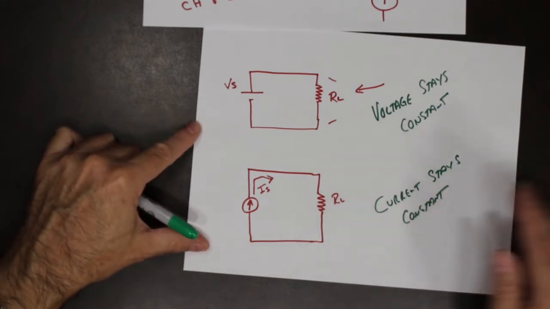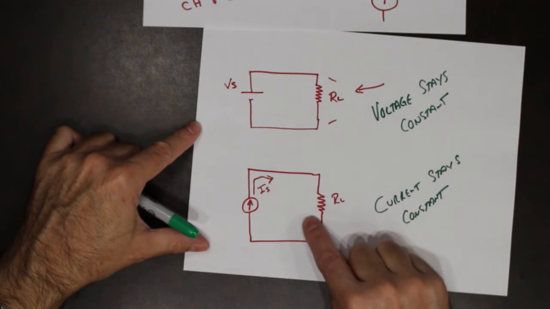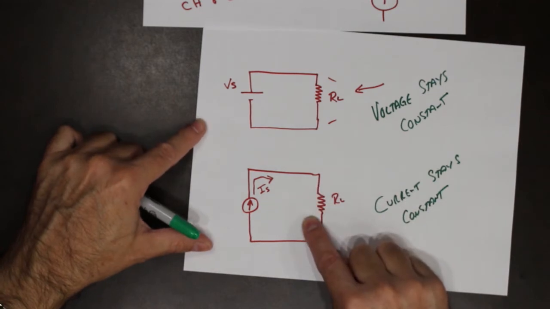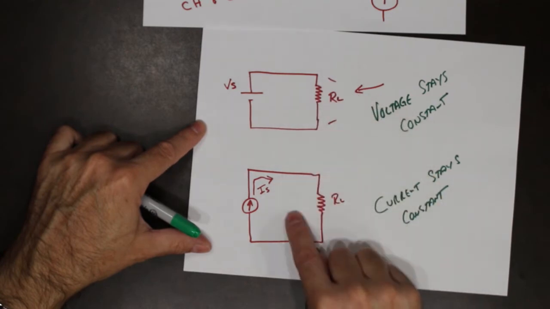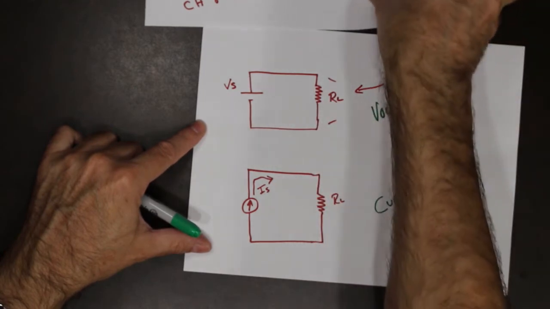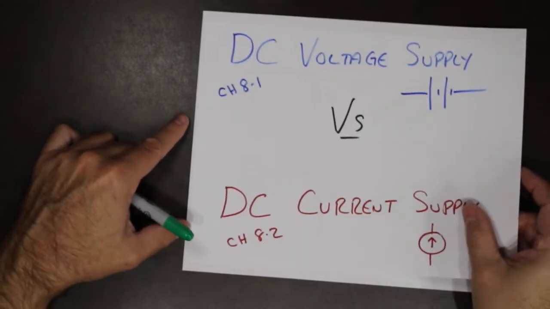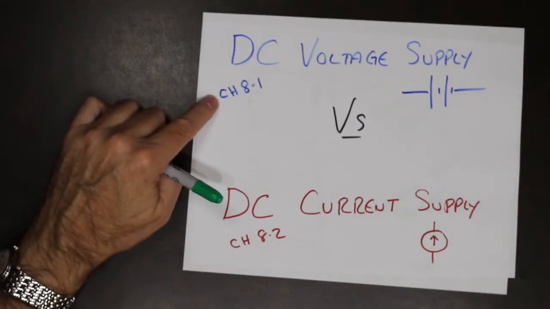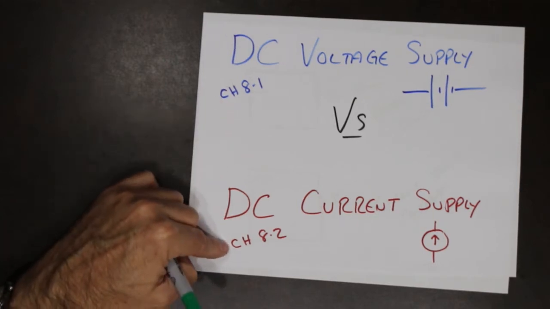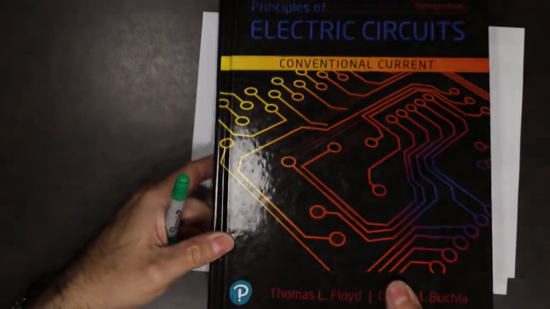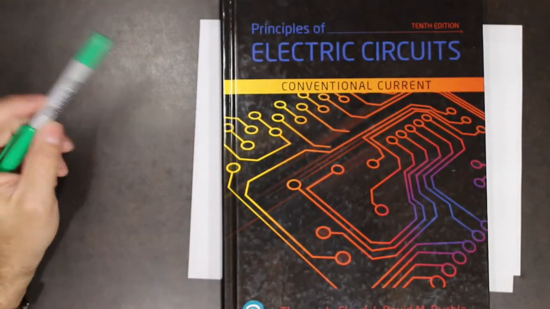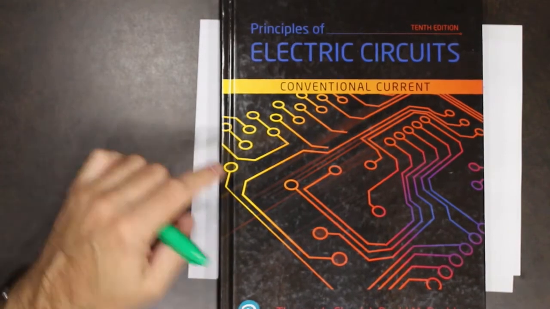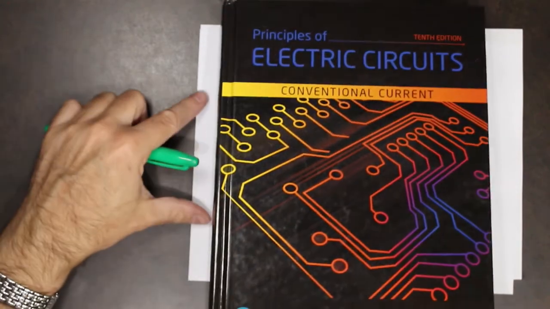So as we move forward in our course, both of these become used again. So again, constant voltage versus constant current. You can find information in our textbook. Constant voltage is chapter 8.1 and chapter 8.2 for constant current supply. Our textbook is Principles of Electric Circuits by Floyd and Buchla, 10th edition.